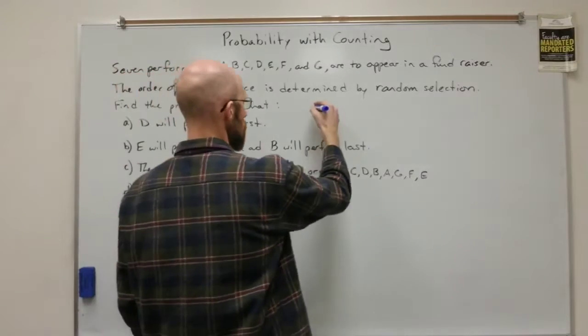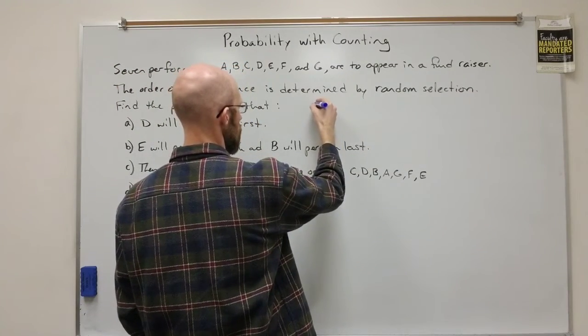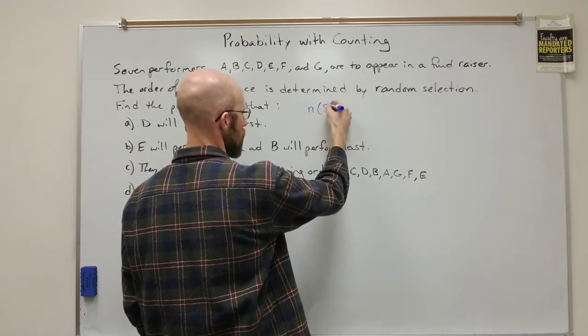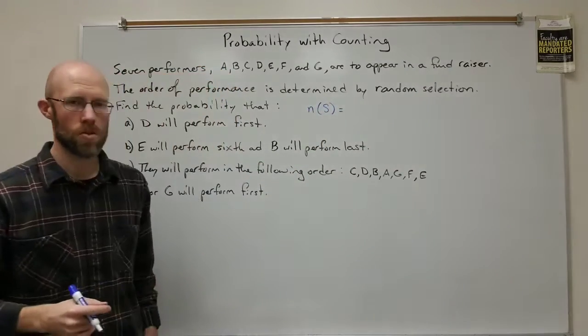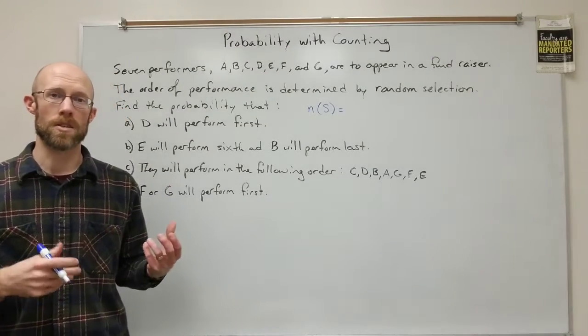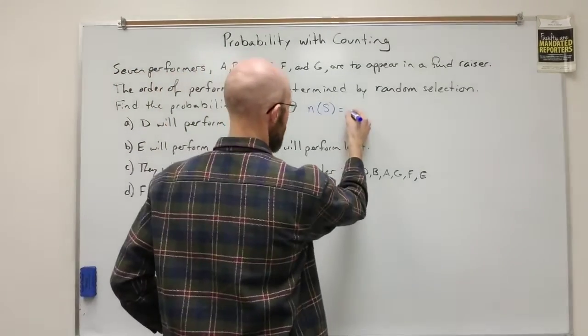So the sample space, let me see, N of S, is going to be the total number of possible permutations here. Well, we're taking 7 and permuting 7, right? 7 permute 7.